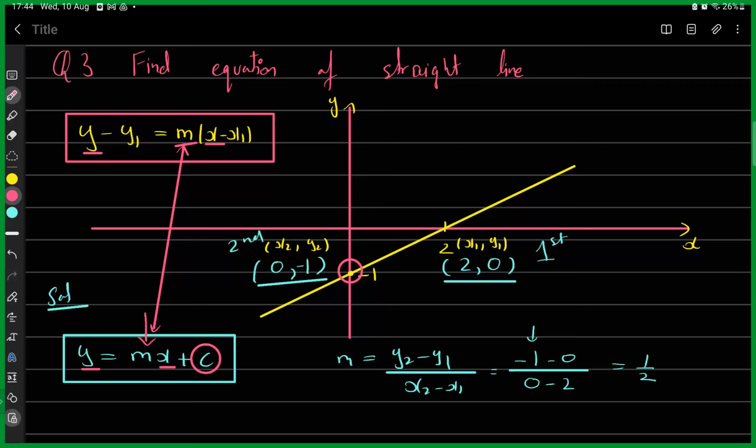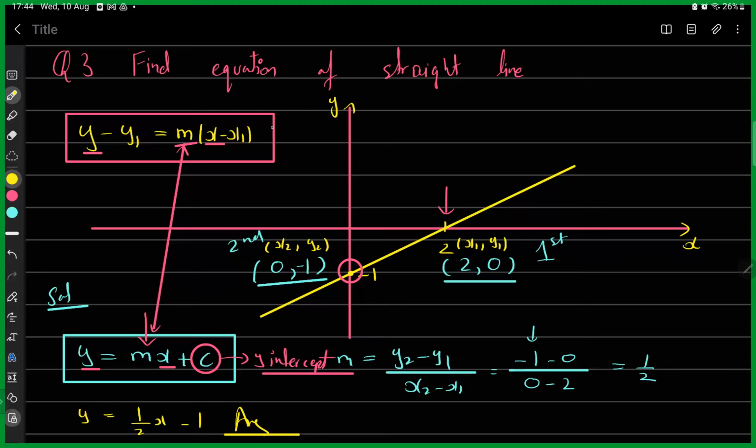So y-intercept is -1 and x-intercept is 2. So the c is basically your y-intercept. So if we plug in, we would get y equals m, which turned out to be 1 by 2, x, and the y-intercept is -1. So this would have been the answer, and both the answers are the same.